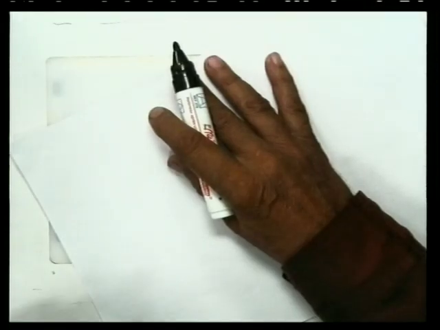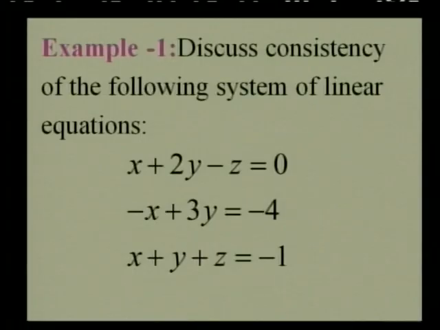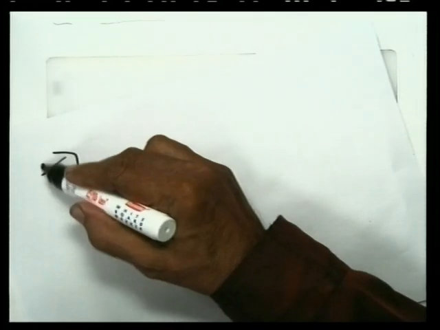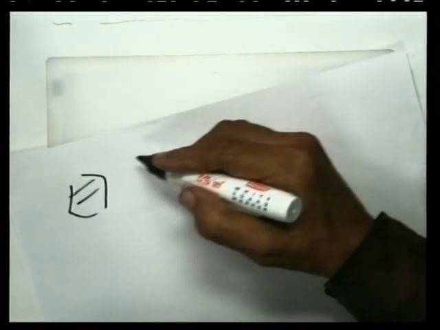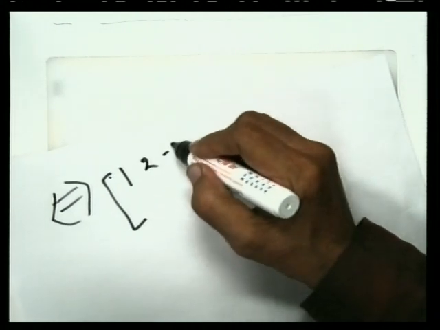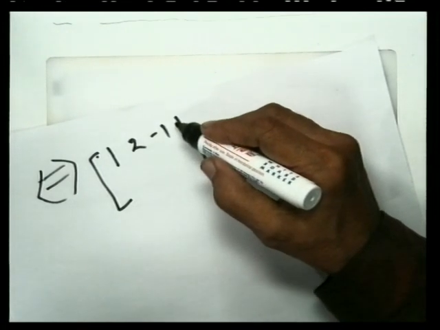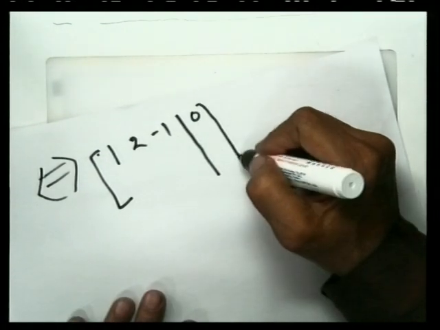the non-homogeneous system of equations, that is x plus 2y minus z equal to 0. Second equation is minus x plus 3y equal to minus 4, x plus y plus z equal to minus 1. In the matrix form, this can be written as: just see 1 2 minus 1, and from constants 0 we are not writing x y z.